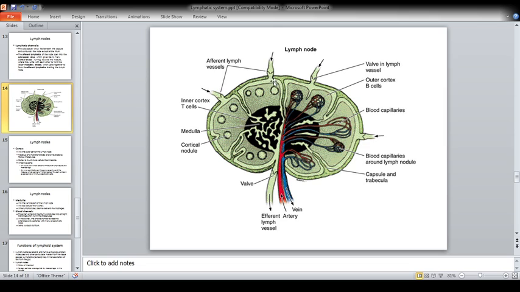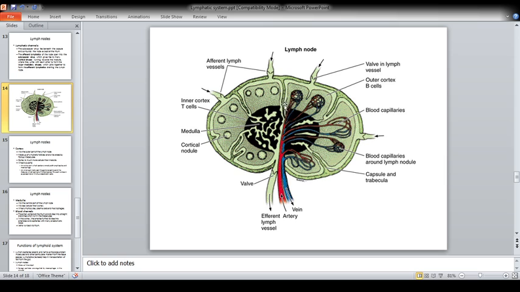So these are the afferent lymphatic vessels which empty out into this subcapsular sinus. This is the subcapsular sinus. From the subcapsular sinus, cortical sinuses would originate. These are cortical sinuses which are surrounding the trabeculae.